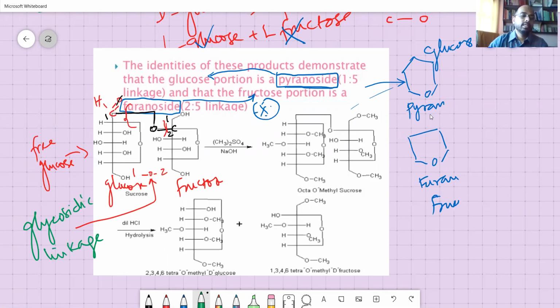Now it is treated with dimethyl sulfate in the presence of a base, so that it forms octa-O-methyl sucrose.